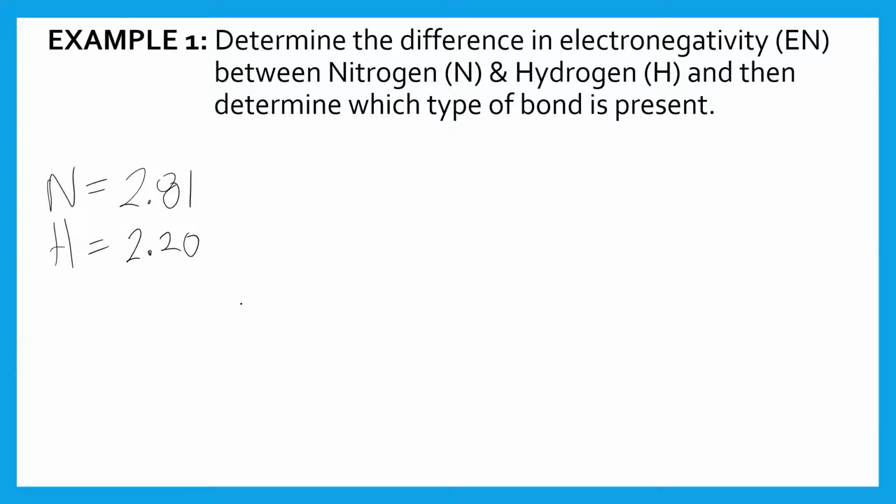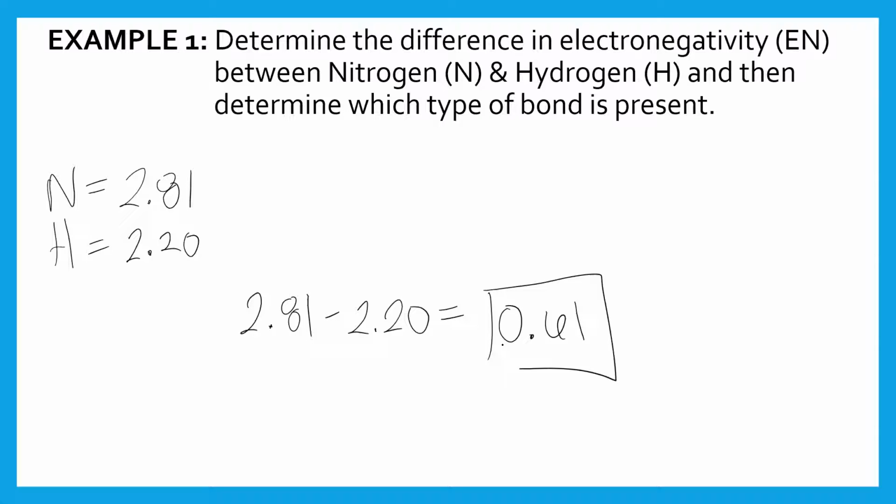To determine the difference, I take the bigger number, I subtract the smaller number, and I find the difference. You can never have a negative number. It's always the big number minus the small number. Doing this math, I get a value of 0.61. So that is my difference in electronegativity.